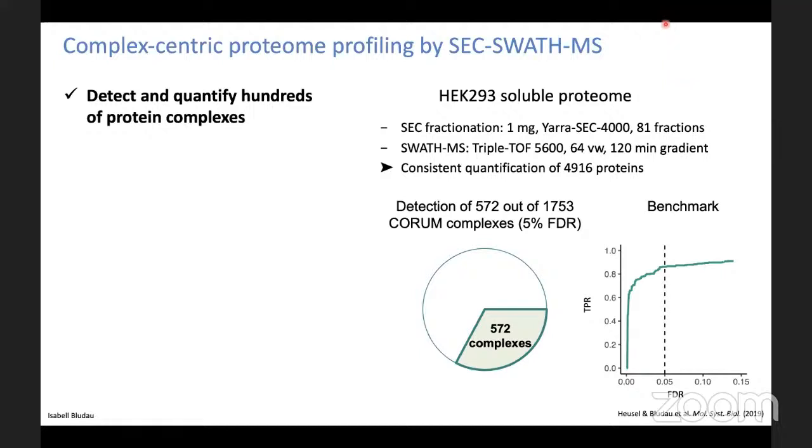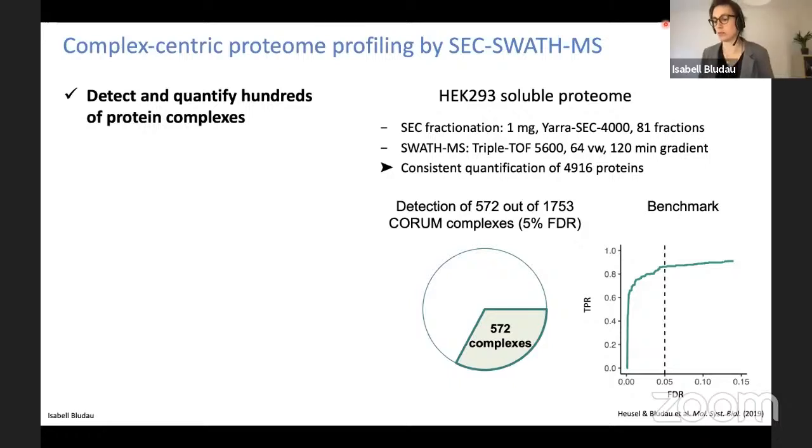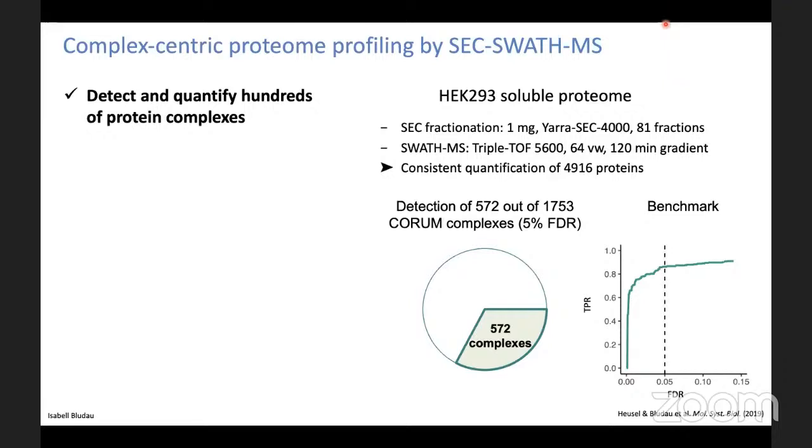So when your output is a continuous area under the curve value for the presence or absence of a peptide, for example, output of Skyline, how do you define if the peptide was present or absent in the fraction? Juan, maybe you can ask the question directly.